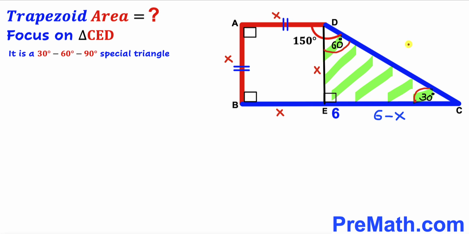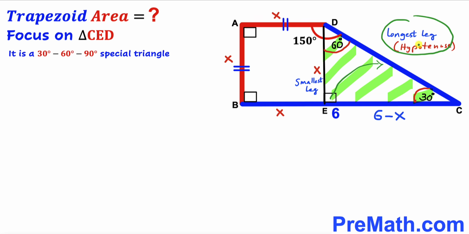Now our task is to find the value of x. Let's make an observation. We can see 30 degrees is our smallest angle, whereas 90 degrees is our largest angle. So the side opposite this smallest angle is going to be our smallest leg, whereas the side opposite our largest angle is going to be our longest leg, also called the hypotenuse.